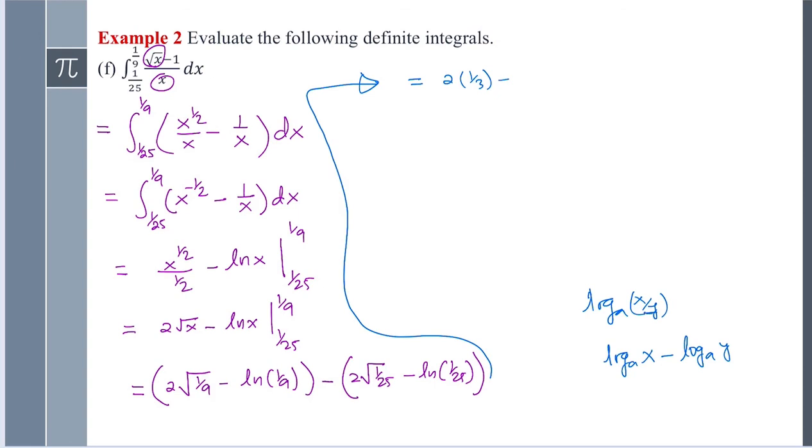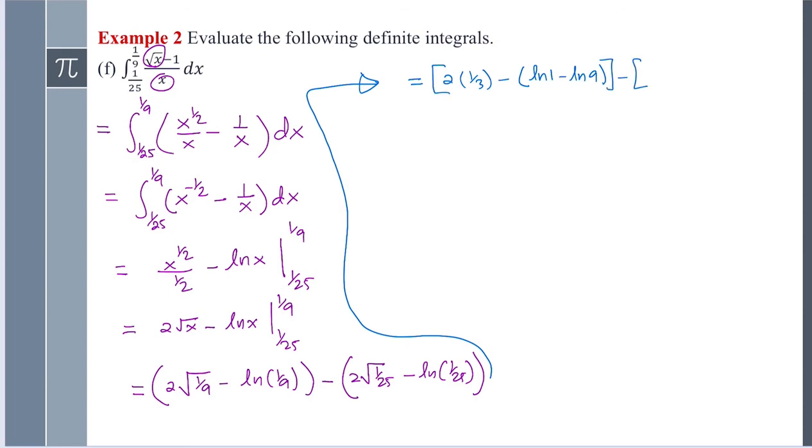So if you have a division, this is the quotient rule, then that can be changed into a difference. So that's what we are going to do here. So we have natural log of 1/9, so we can write it as natural log of 1 minus natural log of 9. And that is the first part, minus.